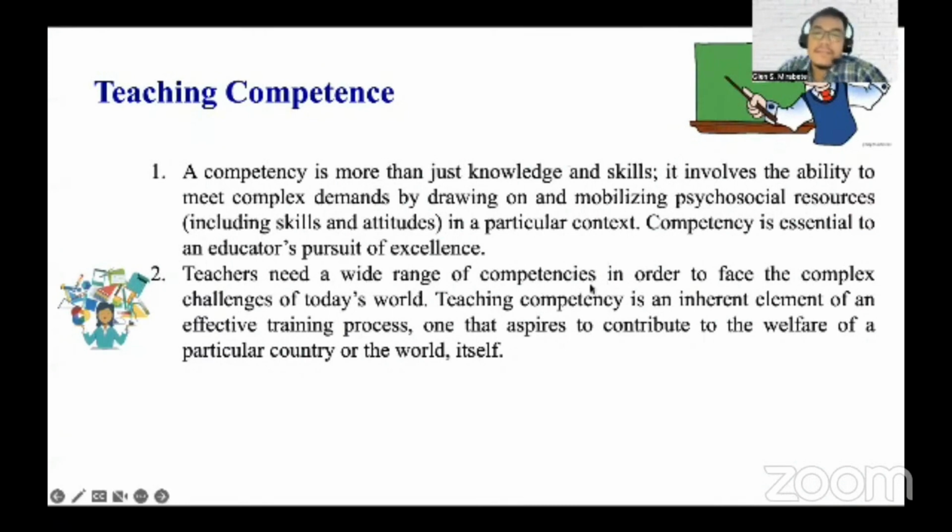So, teaching competency is an inherent element of an effective training process, one that aspires to contribute to the welfare of a particular country or the world itself. It will benefit not only the students, the teachers, or the school, but also the world, because they will self-actualize in the future. Just like our leaders right now are students of yesterday, right?